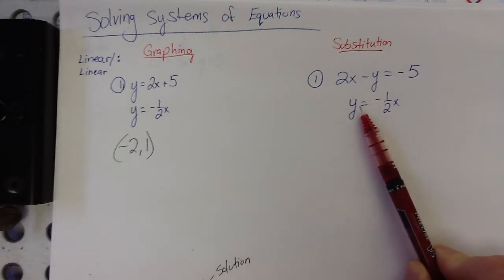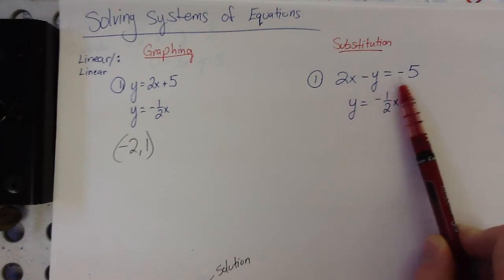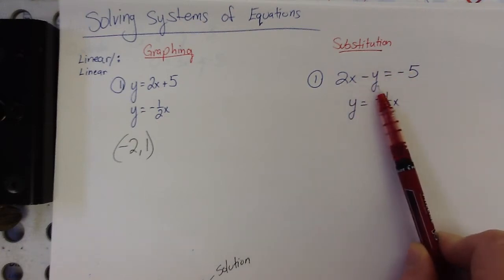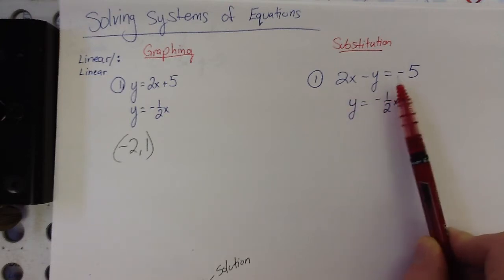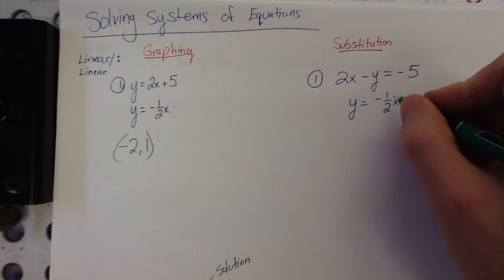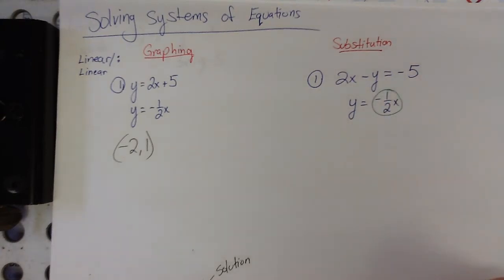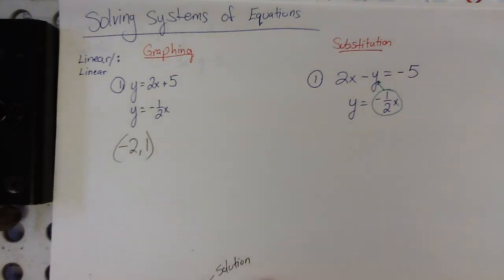Now that you have y right here solved for, you don't have a variable that's ready to go up in the other equation. Here's y, here's x. Neither one is in the form of x equals or y equals. But down here, you got y equals. So take that negative 1/2 x for y equals and substitute it in for y right here.